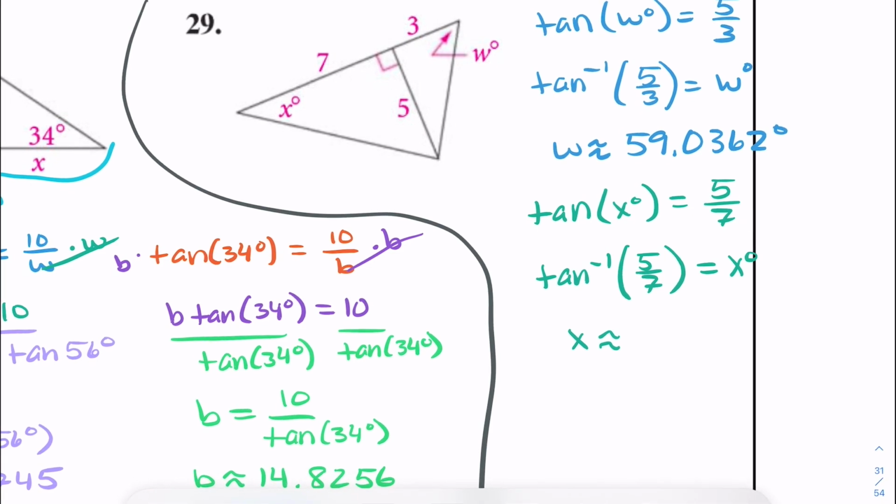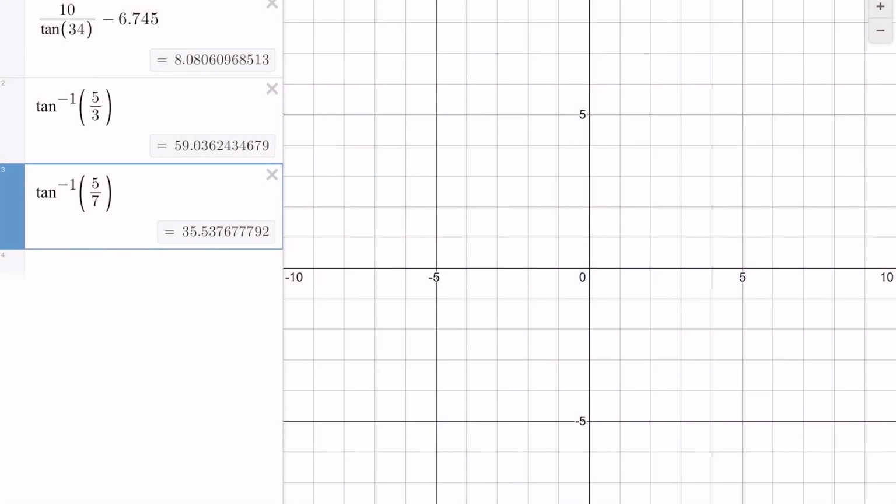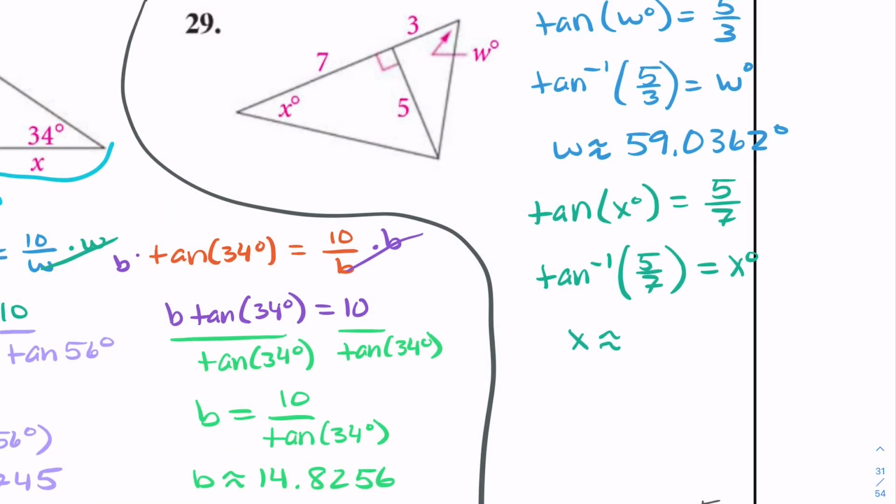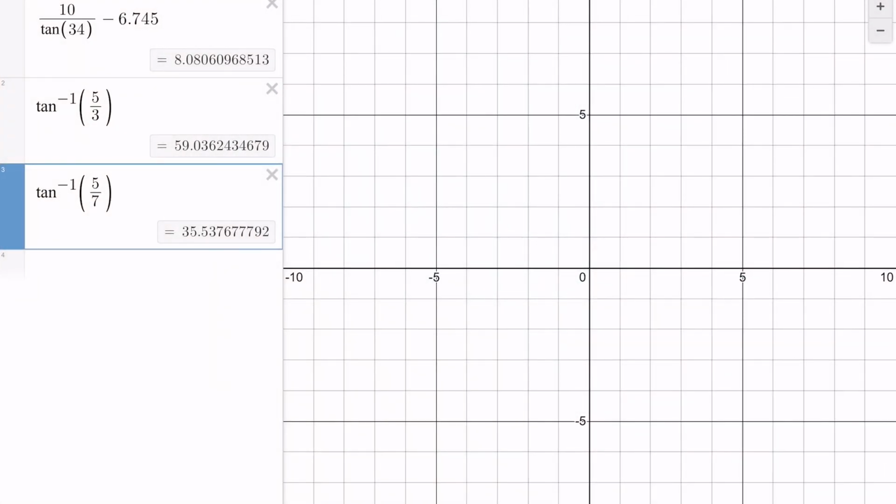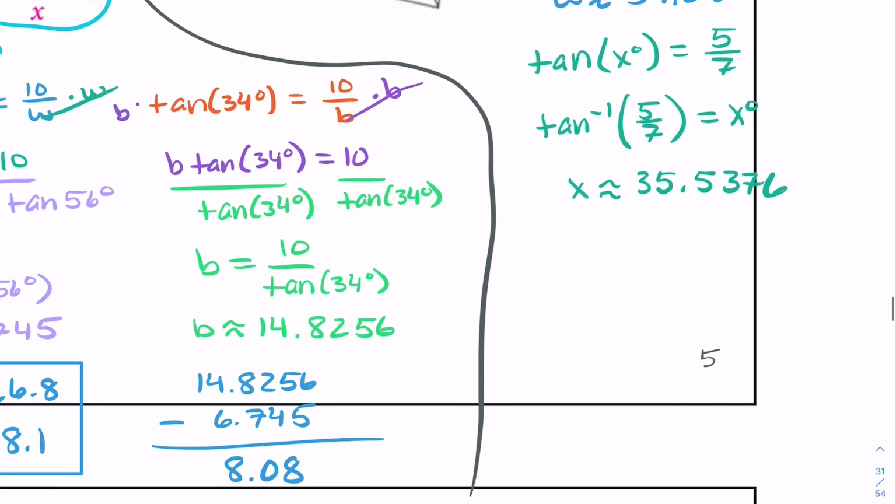And then this next one is 35.5376. Yep. Okay. And I'm going to write my final answer as W approximated.